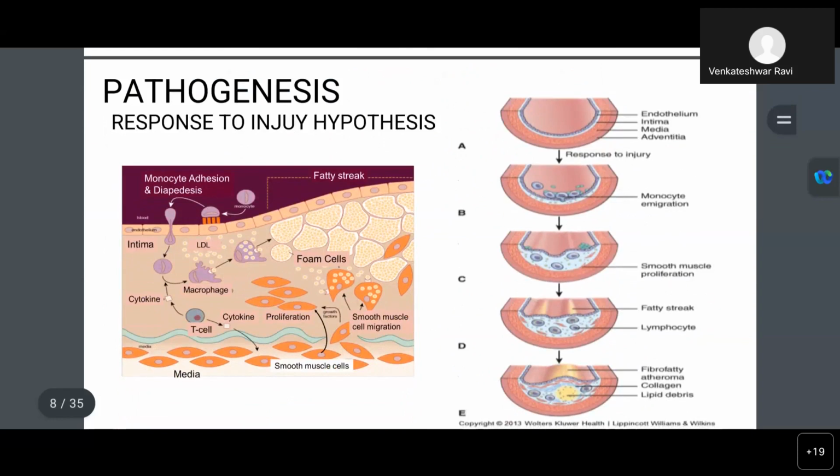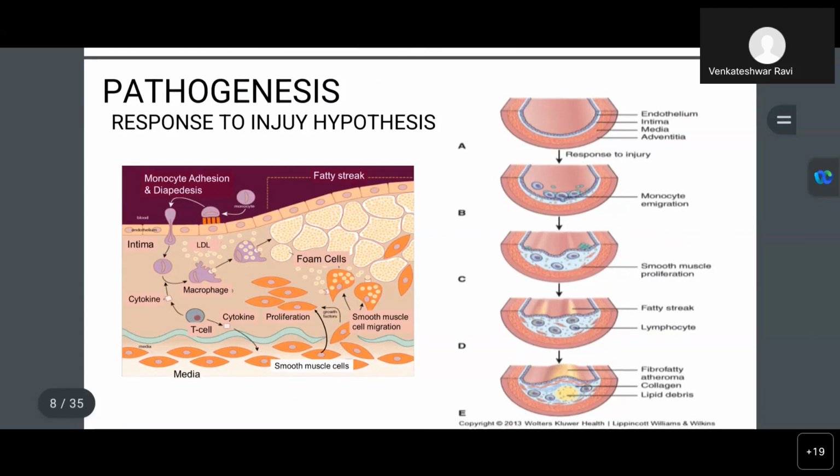Coming to pathogenesis, the basic pathogenesis is the response to injury hypothesis. Normally, our endothelium is coated with glycocalyx, which repels any accumulation of cells on the endothelium.